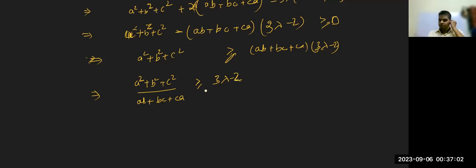Now after this, students get stuck. What will we do from here? Since the starting of the question, it mentions that a, b, c are the sides of a triangle. We all studied in class 9th the triangle inequality, which CBSE recently deleted from the syllabus, but it is a very important topic: the sum of two sides of a triangle is always greater than the third side.